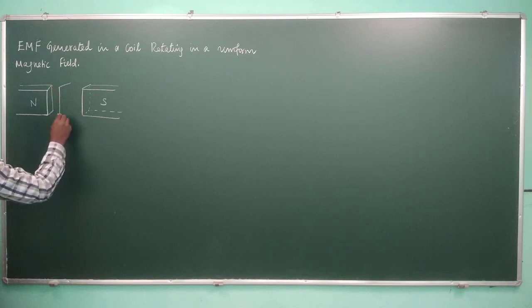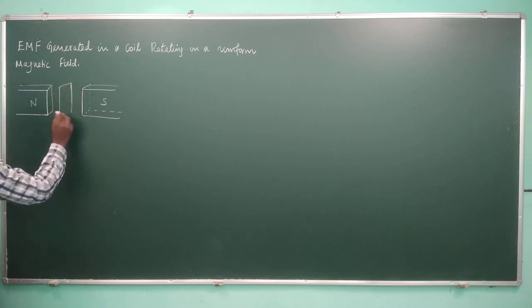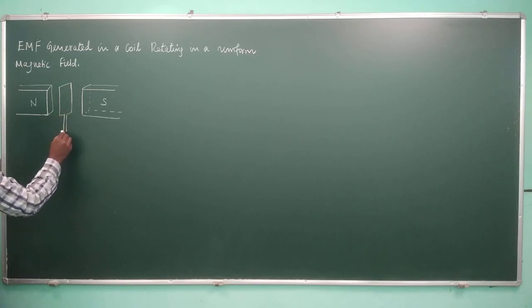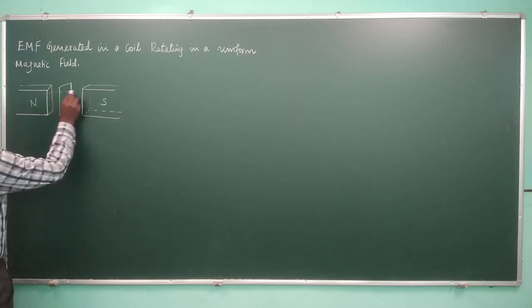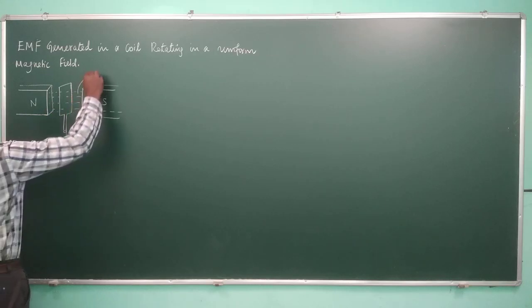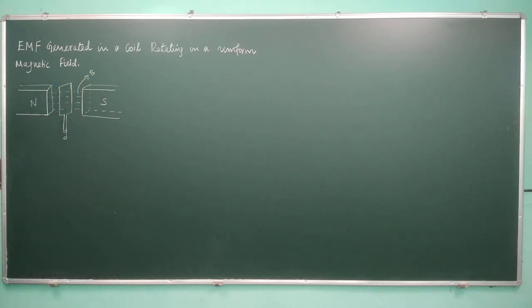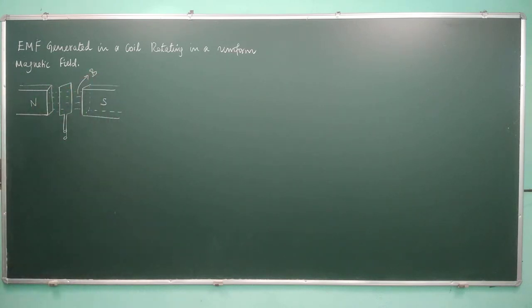It is not carrying current. A rectangular coil that is placed within the magnetic field. Let us denote the magnetic field, or magnetic induction, as B.